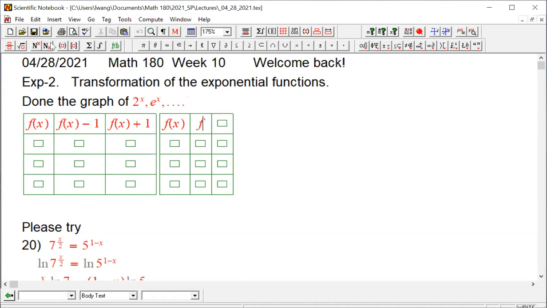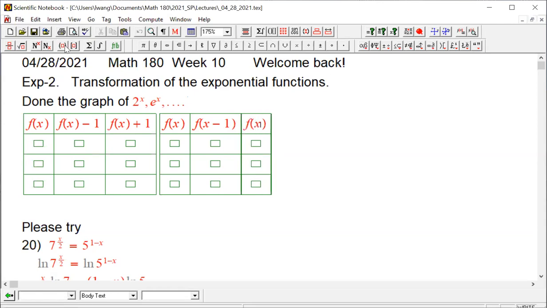One is f of x minus 1, the other f of x plus 1. What's the difference? Minus 1, minus 1. Outside, inside. Can we tell the difference? When it's outside, it's vertical, and when it's inside, it's horizontal. Outside is vertical.